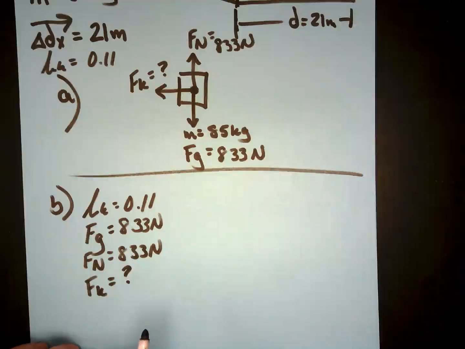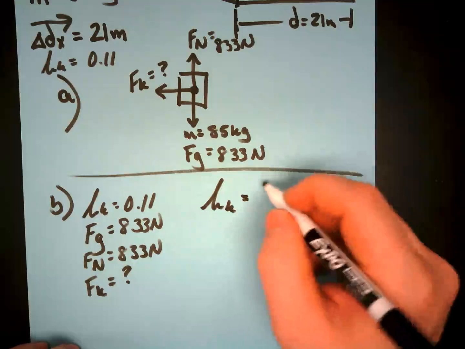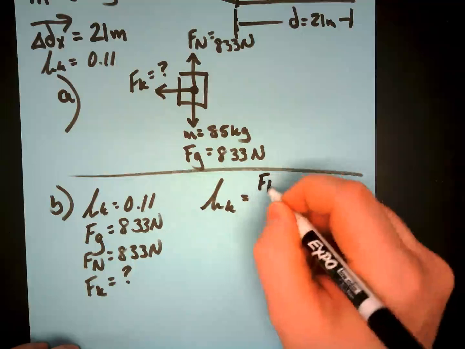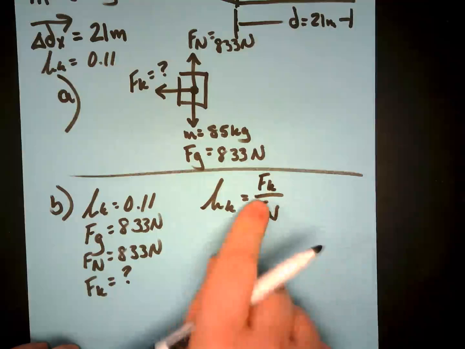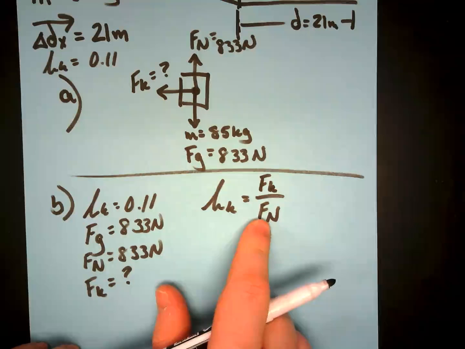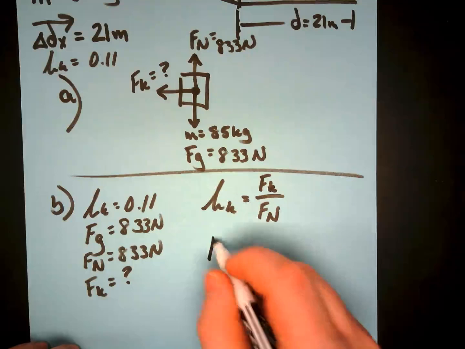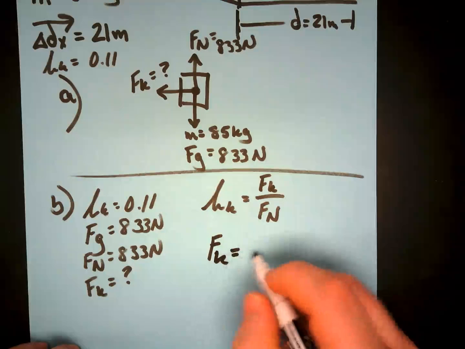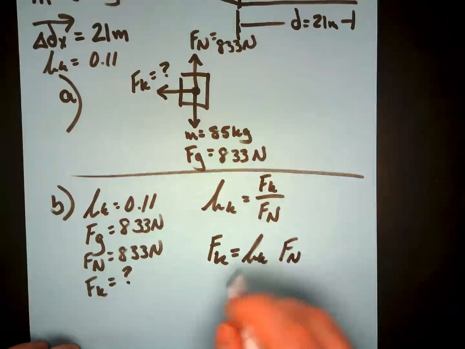Okay. And to do that, remember it's the classic friction coefficient equation, where the coefficient is equal to the friction force divided by the normal force. So to find this guy, we just have to shove him over here. So then F of K is equal to the coefficient times the normal force. Plug them in.